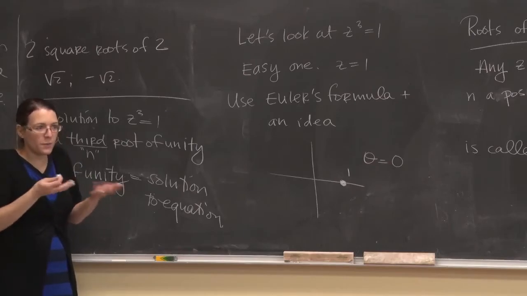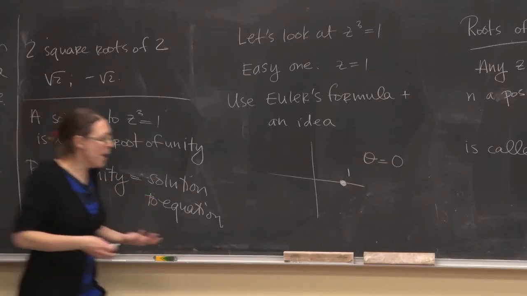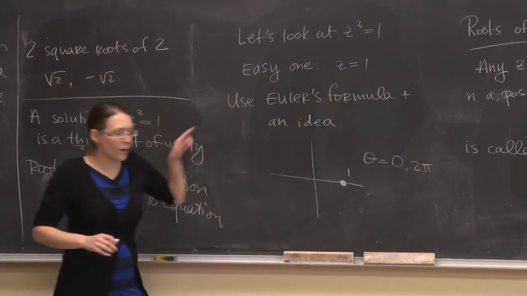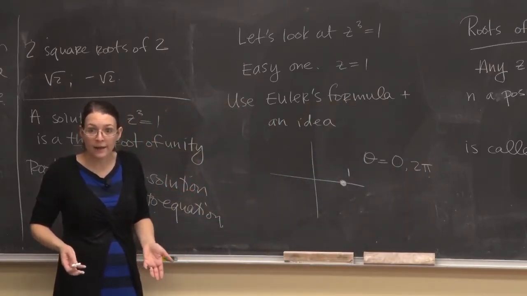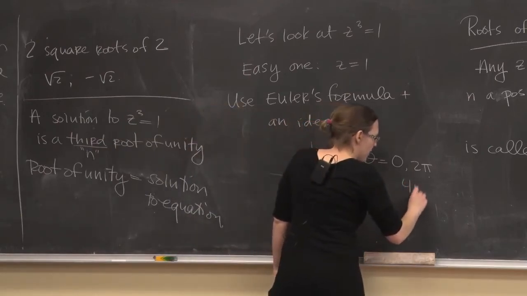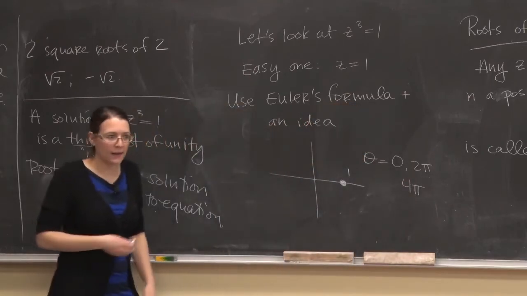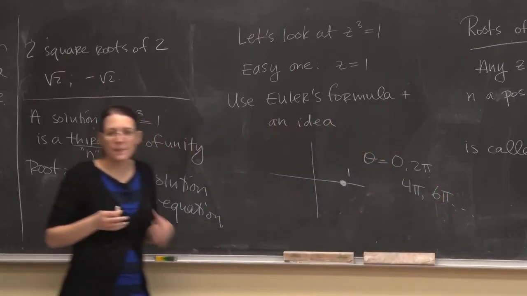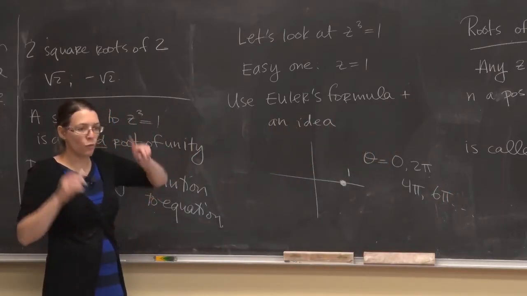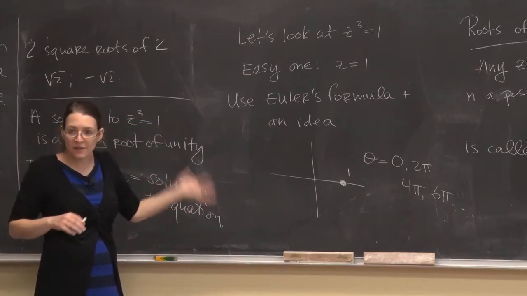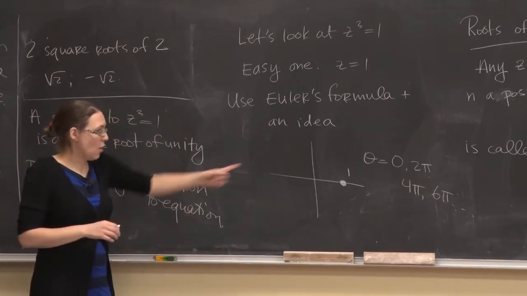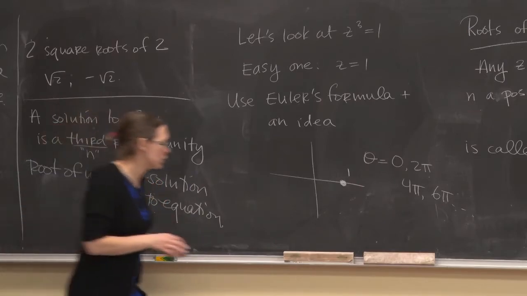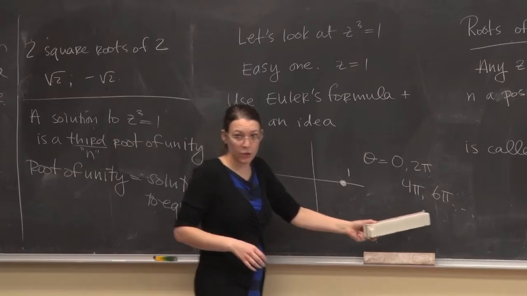I can think of the argument as 0, like I didn't move. But my trick is that this is also the number with angle 2 pi. And this is also the number with angle 4 pi and 6 pi and so on. So my trick is I'm going to think of 1 in many different ways, infinitely many ways. It's still going to give me only 3 answers. And the negatives are in there too.